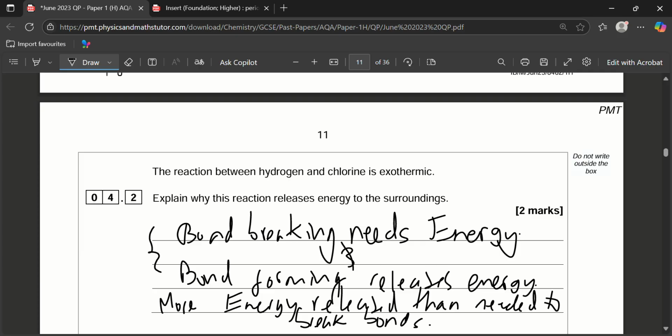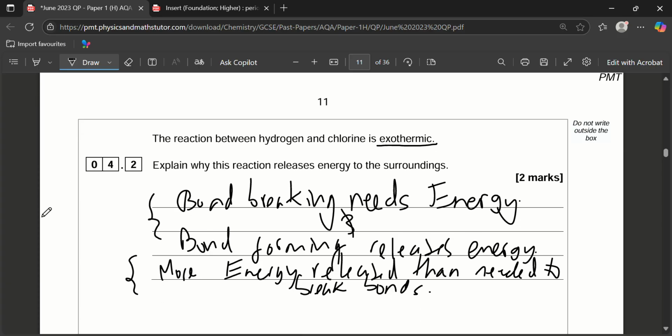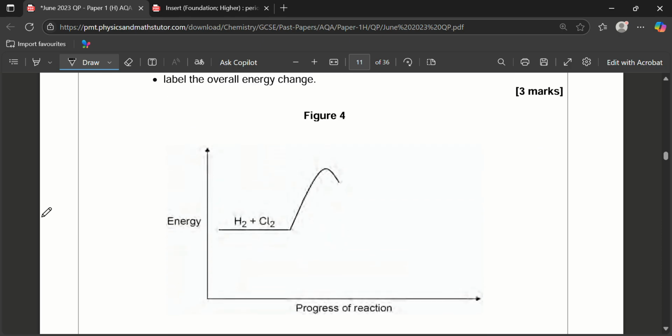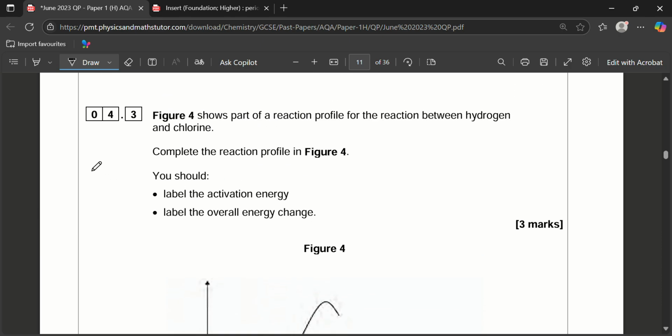And here's going to be your first point, establishing which of the two, bond breaking or bond forming, needs energy or releases energy. And your second mark is just going to be addressing the question, what is meant by an exothermic reaction? And that's when more energy is released than needed to break bonds.